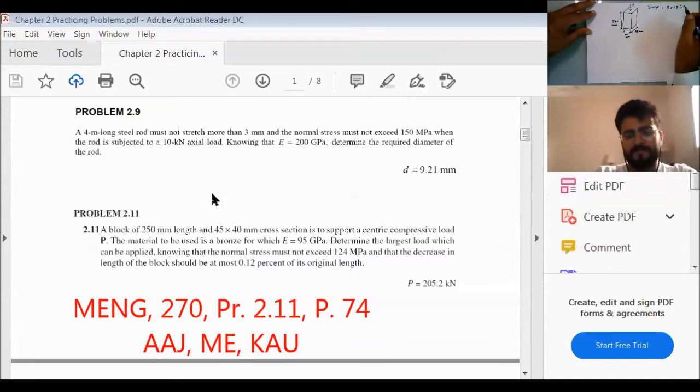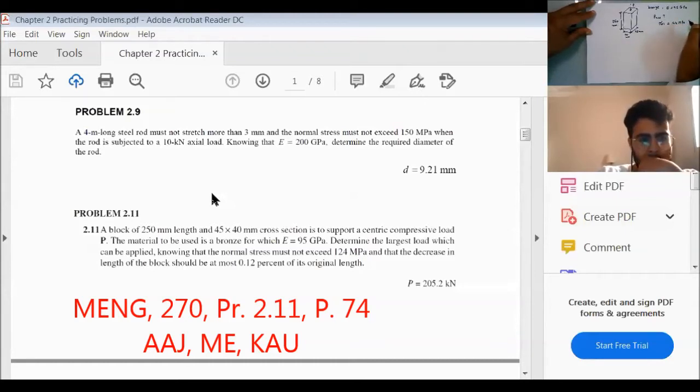Okay. Determine the largest load. So he's asking for P maximum, which can be applied, knowing that the normal stress must not exceed, again, even here, the allowable stress is 124 megapascal.